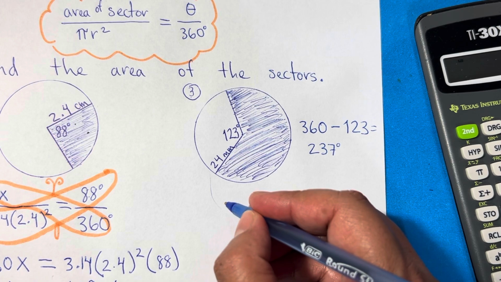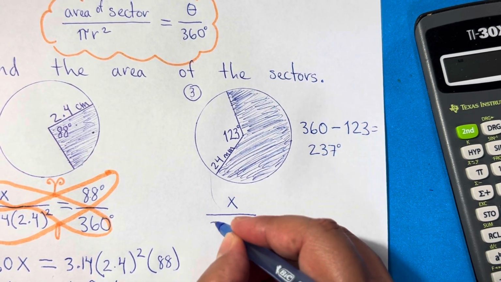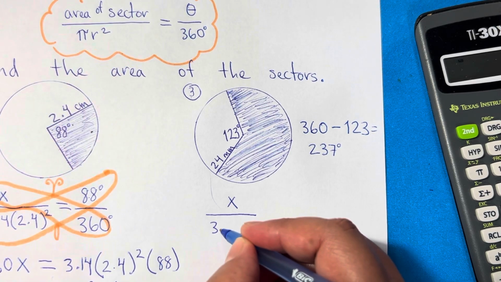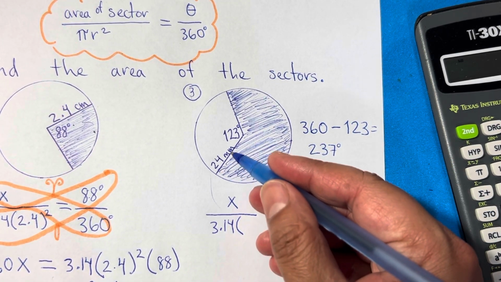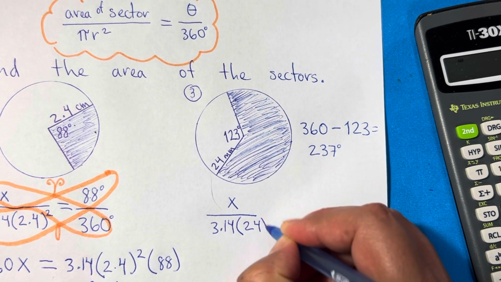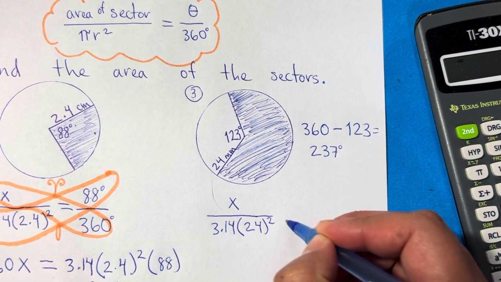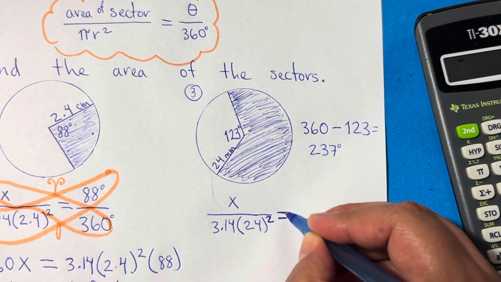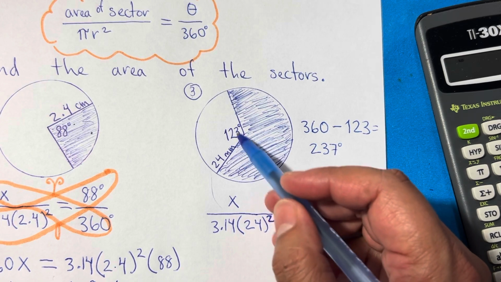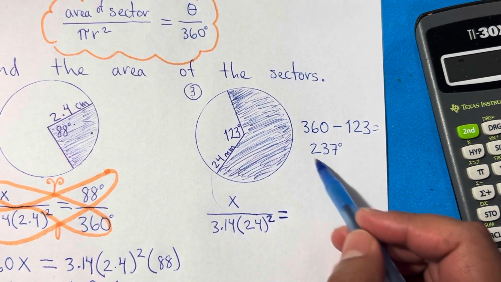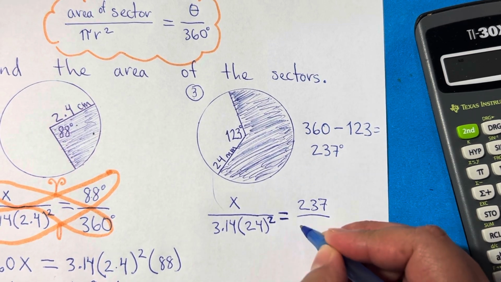So that's the number that we're going to use here. Now to find the area of the sector, we multiply pi r squared, which is 3.14, times the radius, which is 24 millimeters squared, equals the degrees, but again, we're not going to use these ones right here. We're going to use 237 over 360.